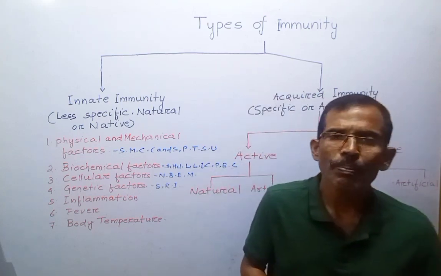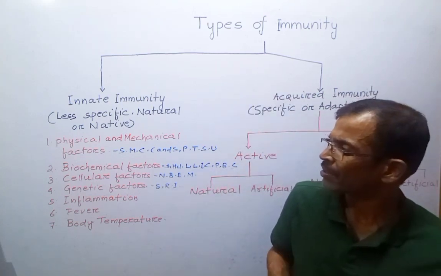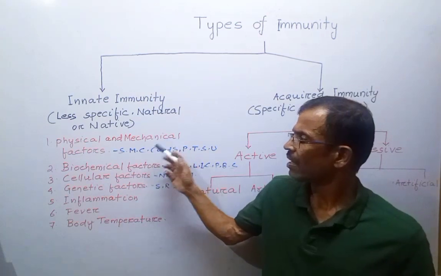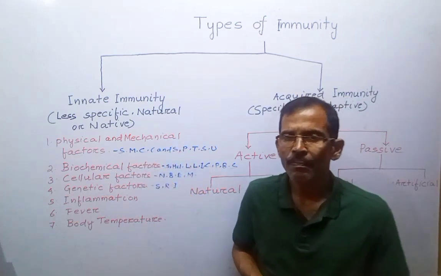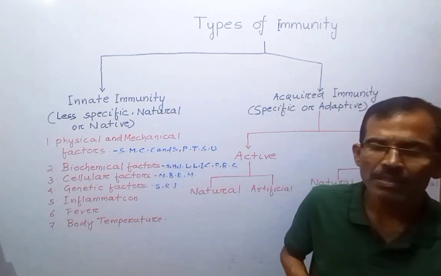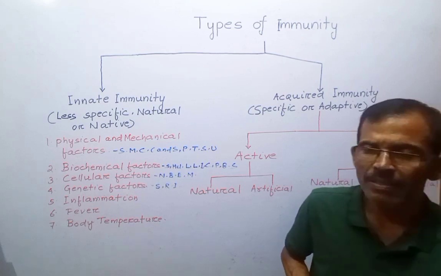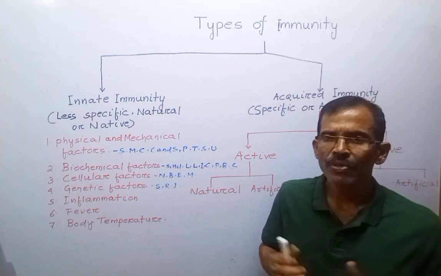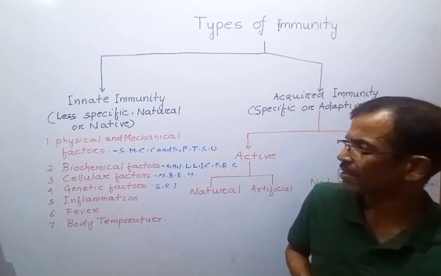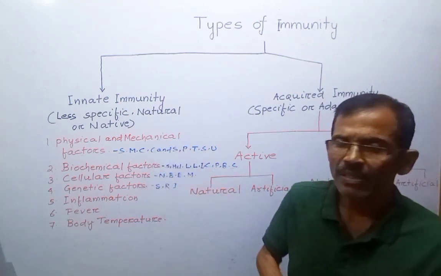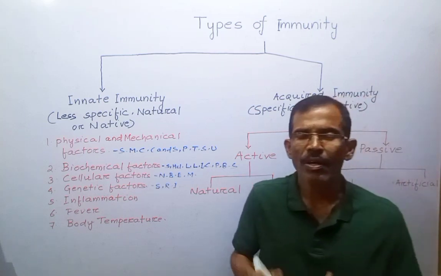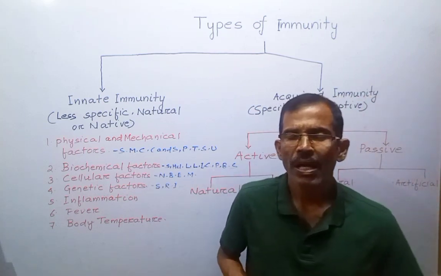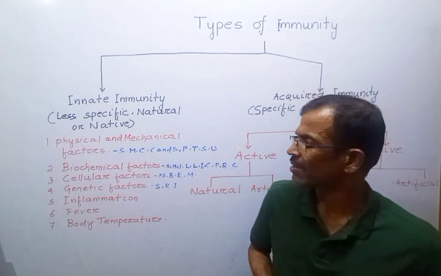The various components of innate immunity are physical and mechanical factors, biochemical factors, cellular factors, genetic factors, inflammation, fever, and body temperature. All these factors together provide the non-specific response against various pathogens.